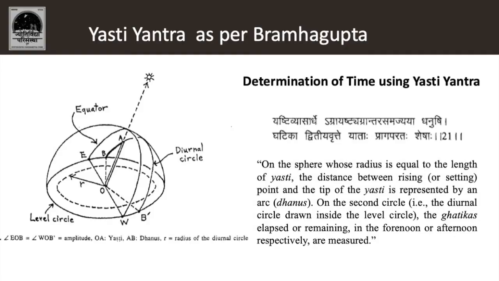So this is just, you can say, a modification of the earlier version. On the left hand side figure, you can see that at the center is O, and OA is actually your yantra, which is simply a gnomon. And now it is pointing towards the sun. So when you extend OA, it is pointing towards the sun.